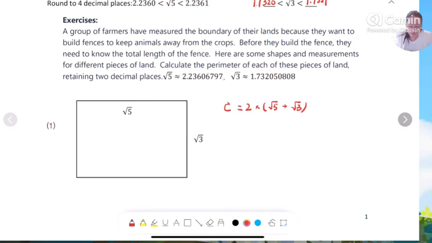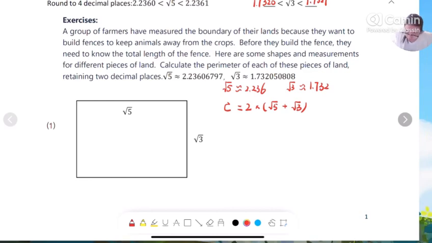The square root of 5 is approximately 2.236, and the square root of 3 is approximately 1.732.